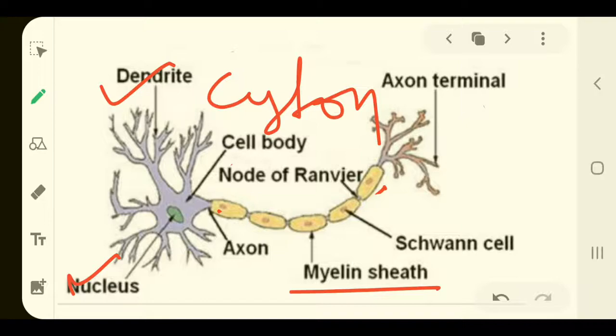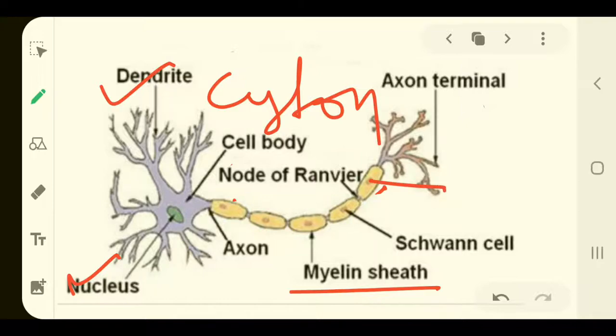And the myelin sheath again consists of small compartments, you can see 1, 2, 3, 4 like that. So these small compartments or cells are called Schwann cells. Schwann is the name of the scientist. Inside a Schwann cell you can again find a Schwann nucleus.